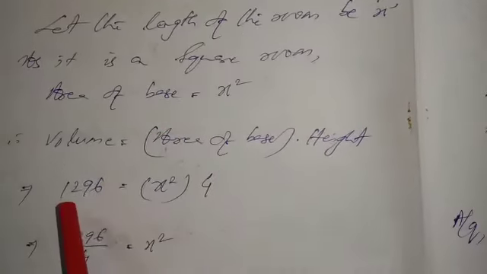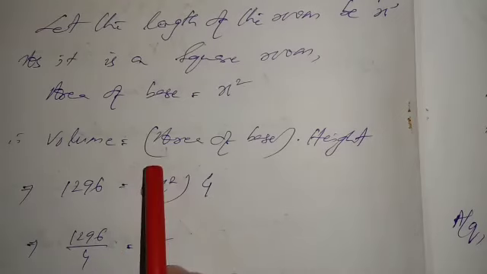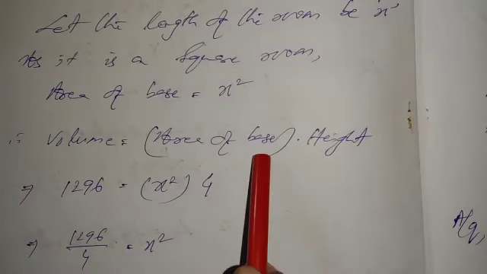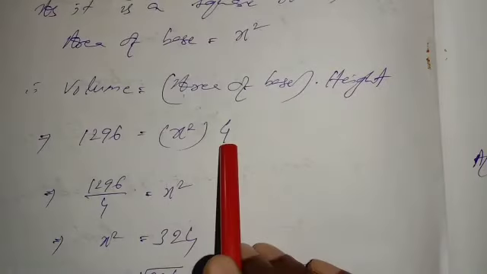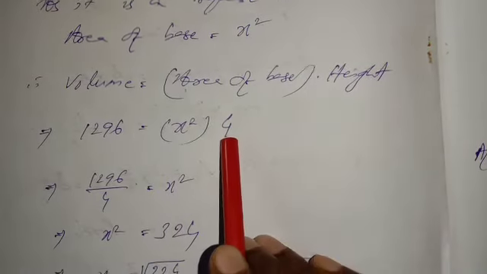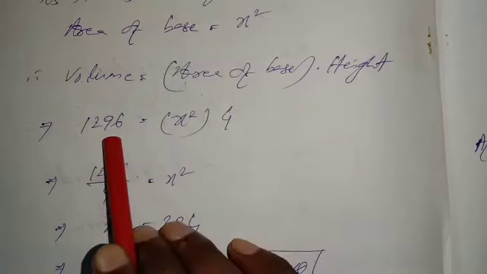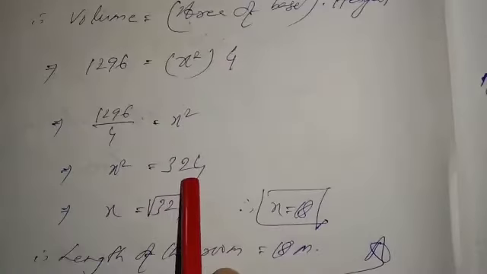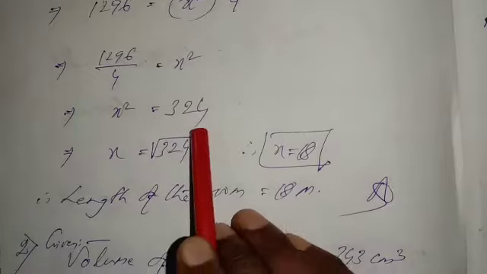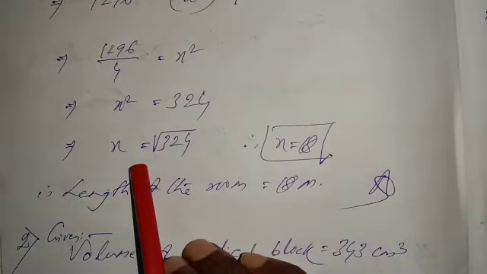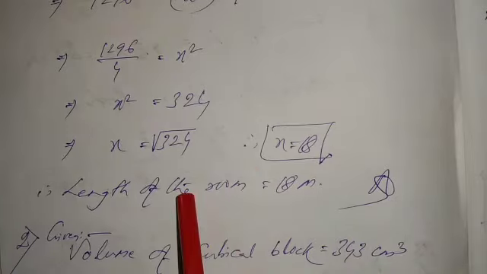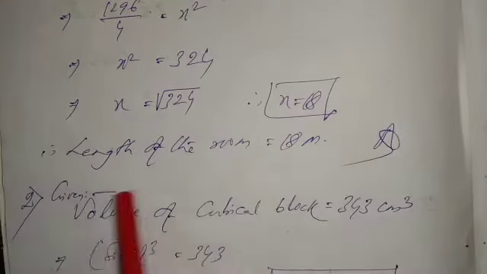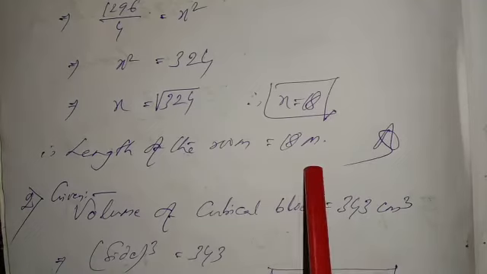Now volume of the square room means capacity, formula will be area of the base into height. Area of the base is x square into height, given 4 meter. 4x square equal to 1296, divide by 4, it is coming 324. x square equal to 324, x will be square root of 324, means 18. Square root of 324 is 18. Therefore length of the room is equal to 18 meter.